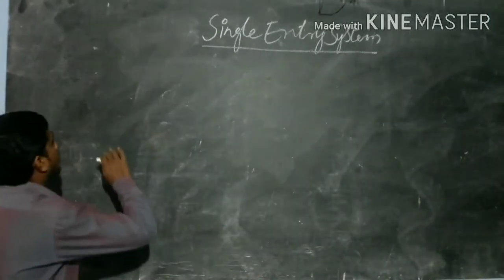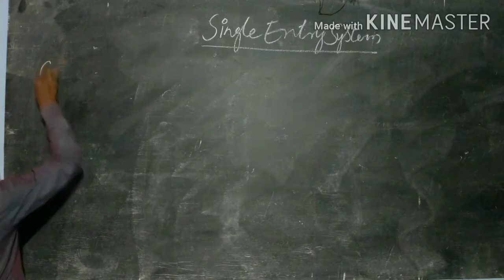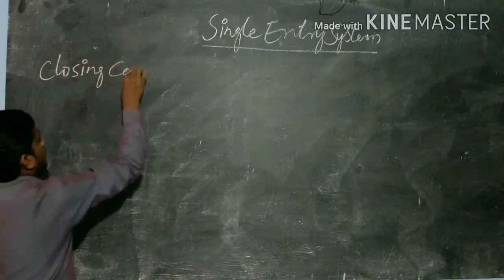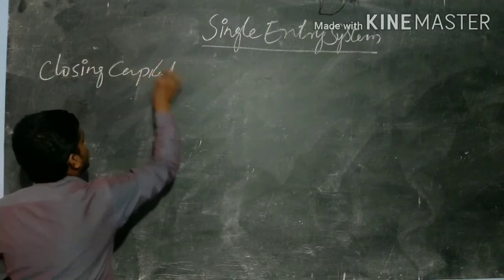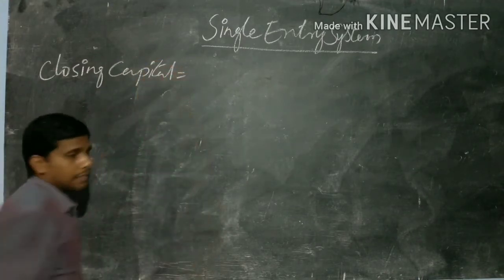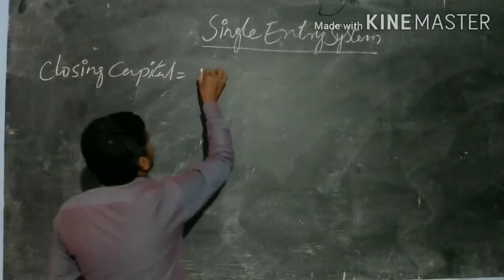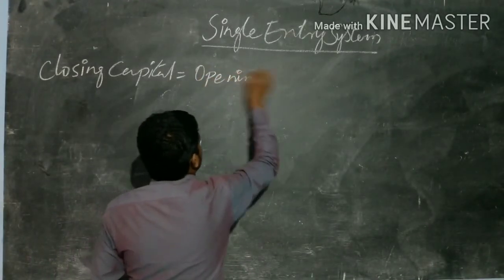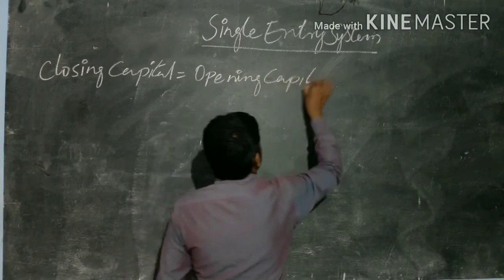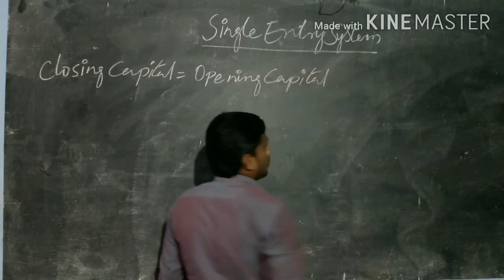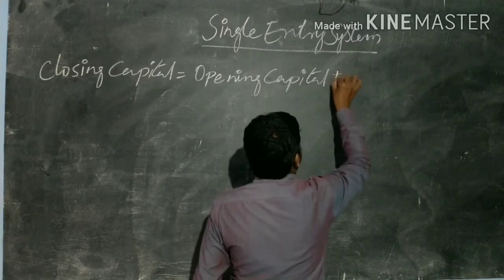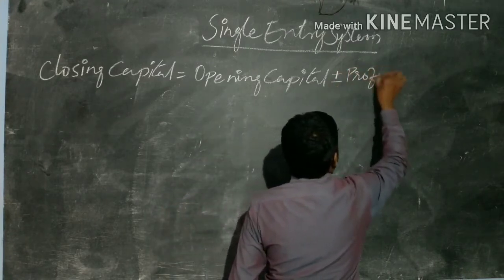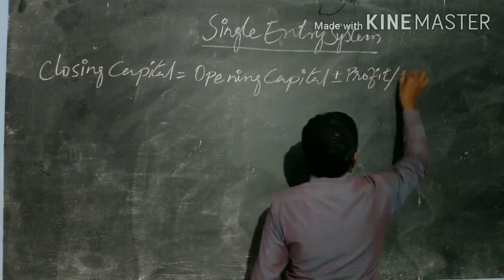See here how to calculate the closing capital. The easiest formula I am going to give you is: closing capital equals opening capital plus or minus profit or loss.